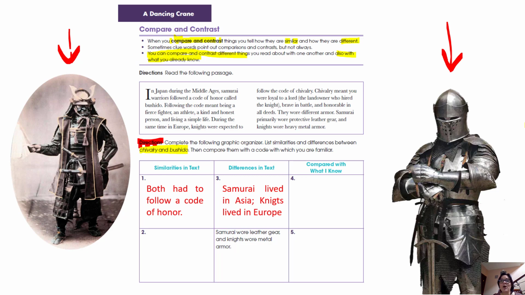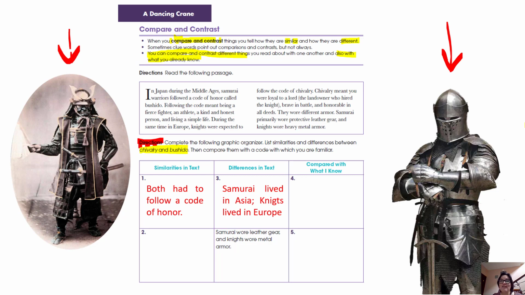Now you have to compare. In the third column it says compare with what I know. What do you know about following a code? For example, in what place that you know in your days do you have to follow a code of honor also? Like rules.